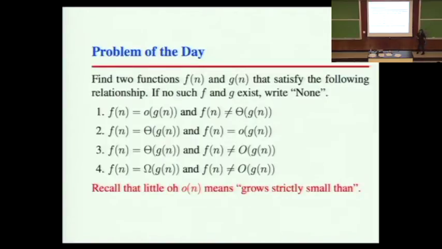Little o means strictly dominated by. So if there's a graph of g(n), f(n) is always below it. No matter how much you increase n, f(n) will never overtake g(n). So that's what this graph will look like.